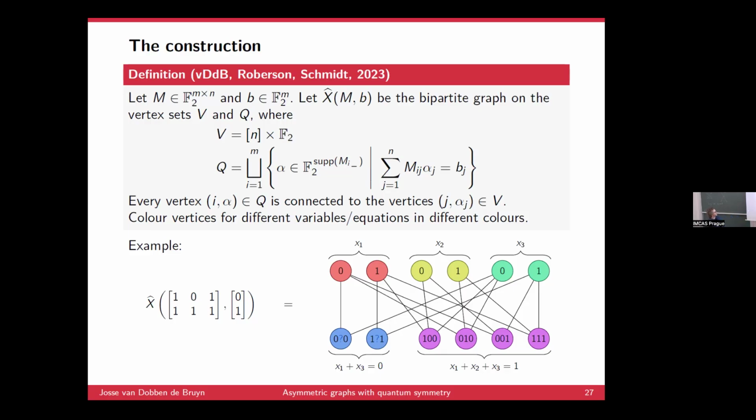And then we make it a colored graph by giving different colors to every variable: the two vertices for each variable get a separate color, and the 2^k vertices for each equation also get separate colors.